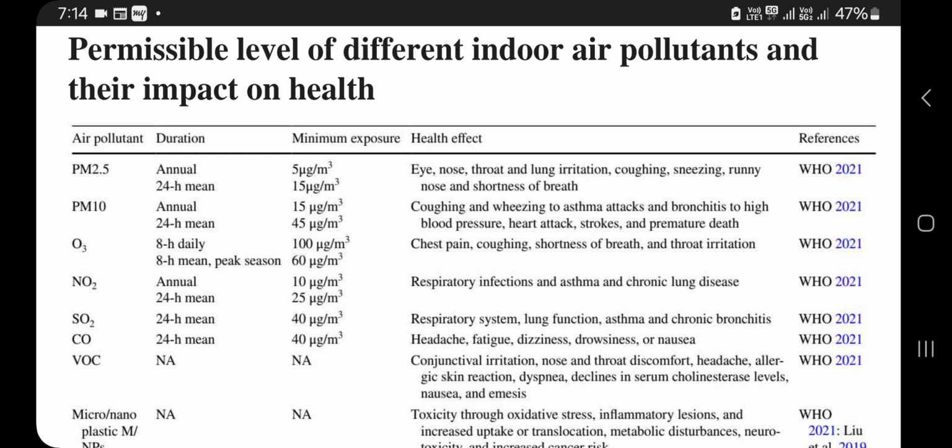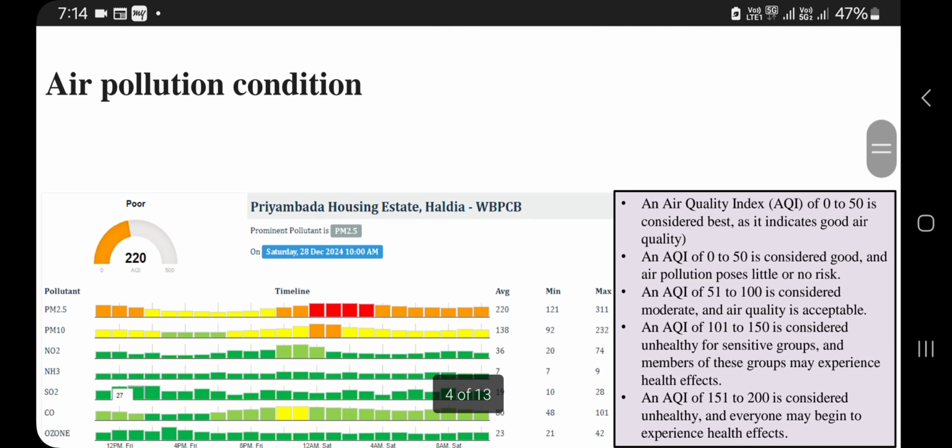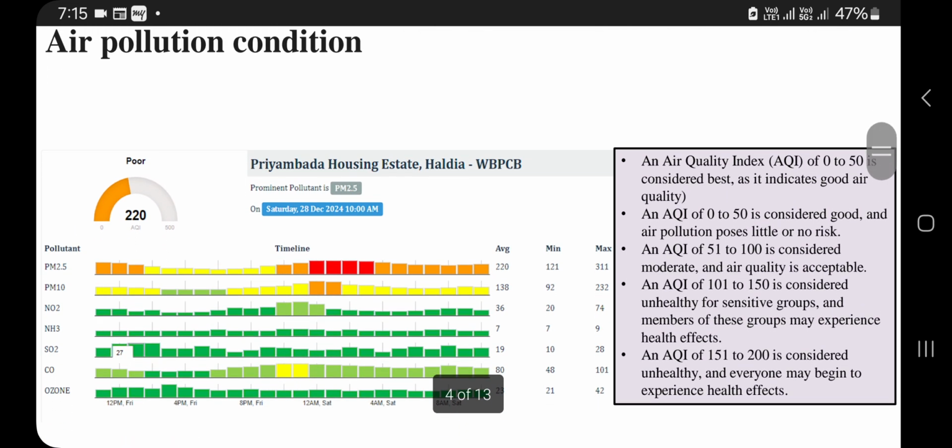exposed to our body for a given duration, they can create many health effects, and according to the WHO these health effects are very impactful for our system. For example, we have taken our city, that is Haldia.